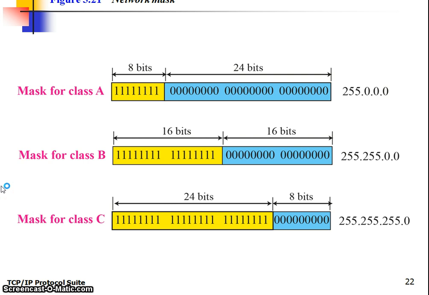This is the given example, and if a machine or a network wants to know which is the network ID and which one is the host ID, it will perform a logical AND operation with the IP address. Means the given IP address will be logically ANDed with this given default mask. So it will extract the network ID and host ID.